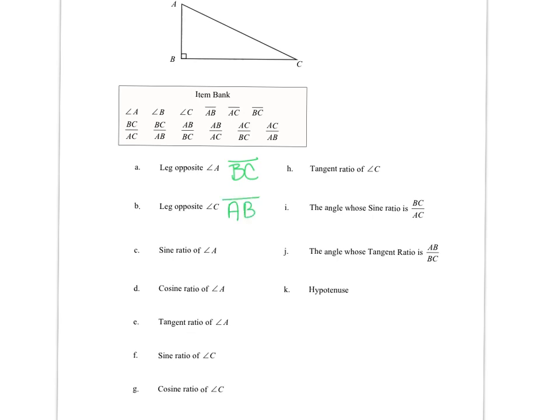The sine ratio of angle A. Well, if you can't remember, there's a mnemonic device, SOHCAHTOA. SOHCAHTOA tells us our trig ratios. So we've got sine, which is opposite over hypotenuse, cosine, which is adjacent over hypotenuse, and tangent, which is opposite over adjacent.